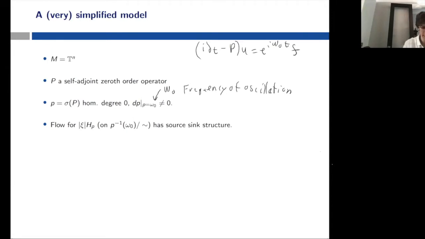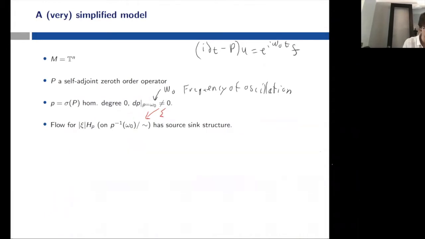And now what I'm going to ask is precisely that the Hamiltonian flow for this modified vector field has a source sink structure at infinity. So what do I mean by this, right? I mean that I'm going to take my energy surface, which of course is conic, all right? And so I'm going to quotient by the radial action, and I'm going to look at the vector field on the new object, which I'm going to call sigma.